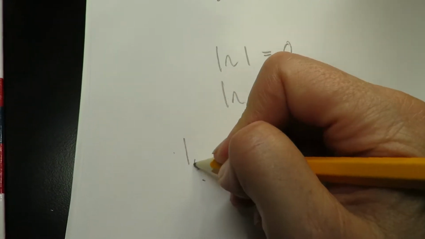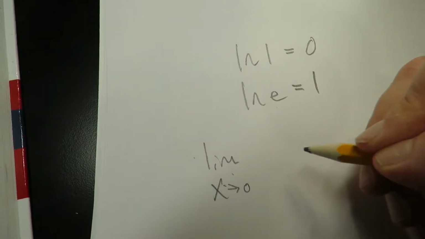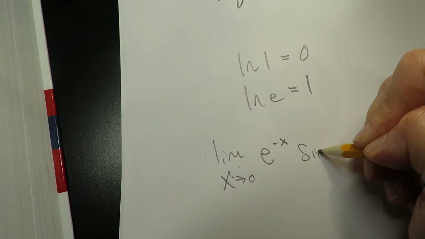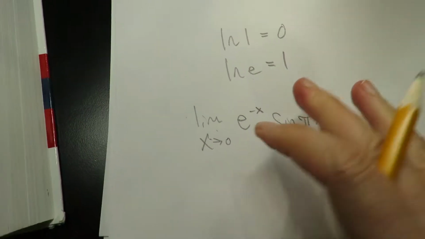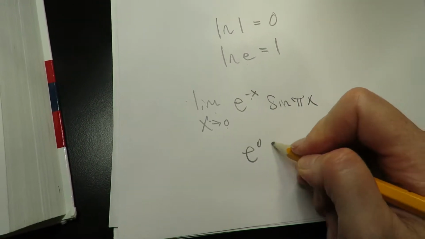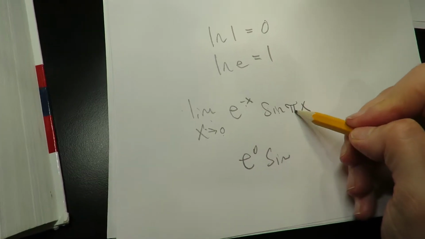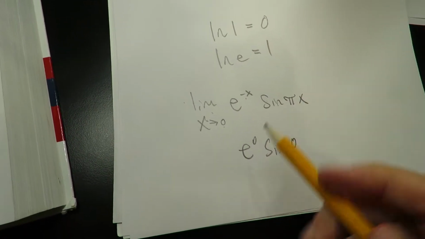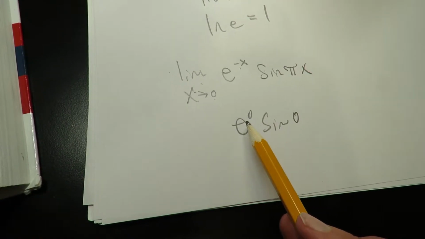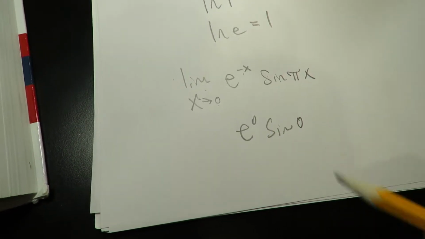All right, the limit as x goes to 0 of e to the negative x times sine pi x. So remember, you want to plug in. So this is e to the 0 times sine of pi times 0, and pi times 0 is 0. Now you've noticed I've lost the limit because I plugged in. Now e to the 0, anything to the 0, you remember what that is?